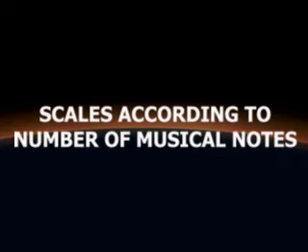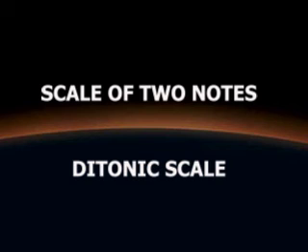We have a scale made up of two sounds, two unit sounds, and that is called diatonic scale. A scale of two sounds, diatonic scale. Listen to this music. It's made up of only two notes. It will give you an idea of what a music made up of a scale of two notes can sound like.